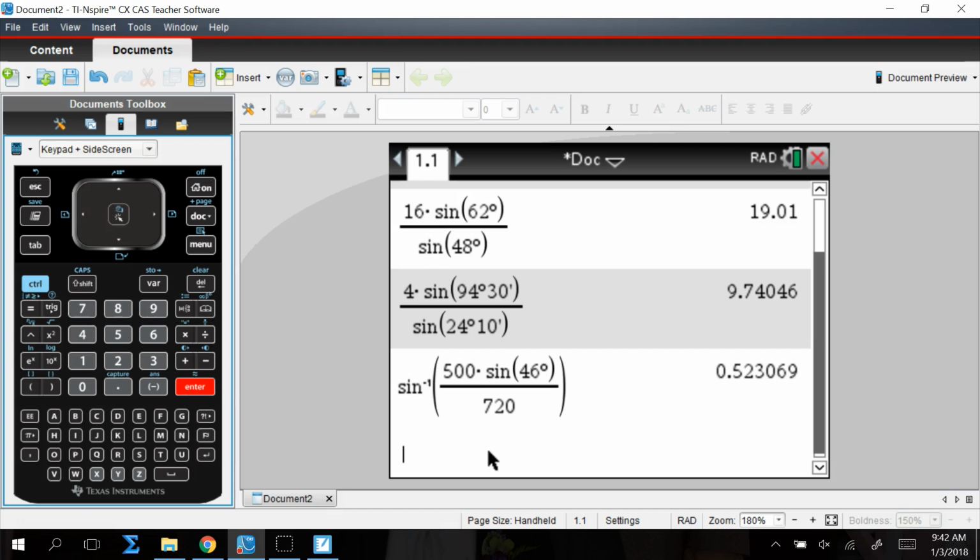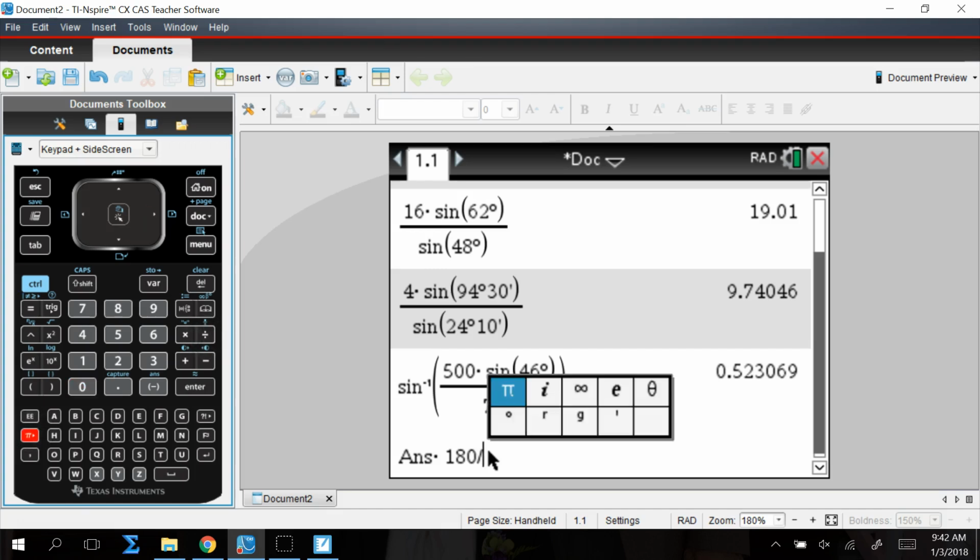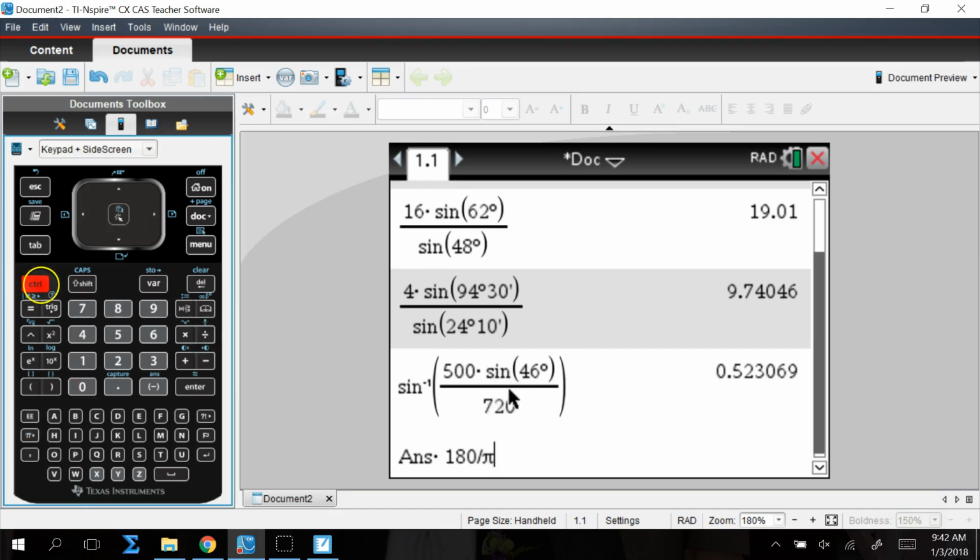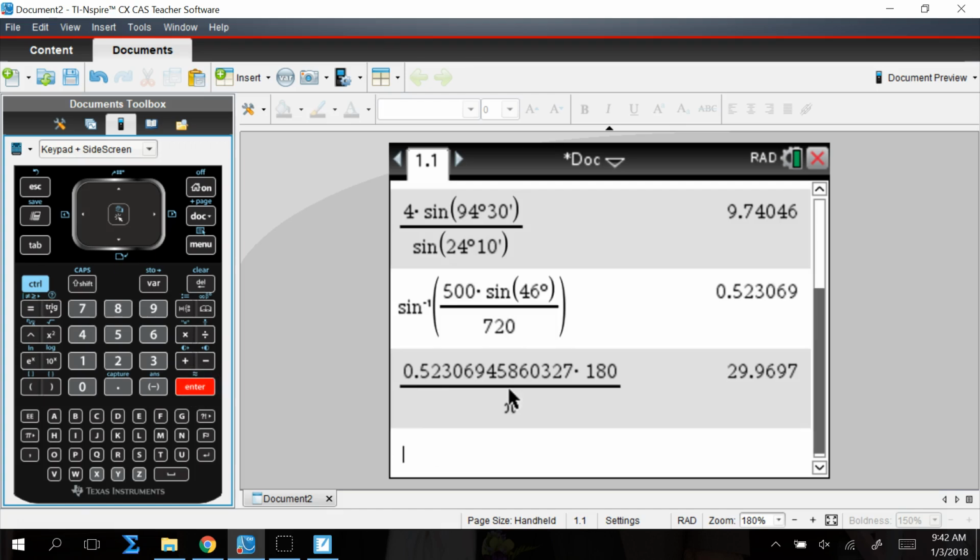So remembering back how to convert radians, I multiply by 180 and divide by pi. And so I get 29.9697 degrees.